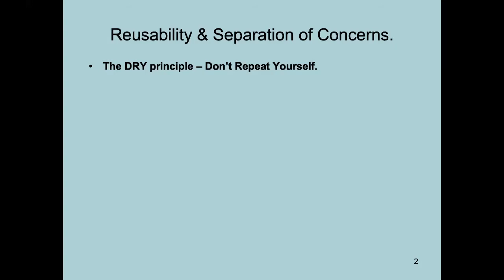And also that module now has its own kind of separate concern in the context of the overall application. So these are all just general design principles. And again, I'm sure you've heard of all of these prior to this.